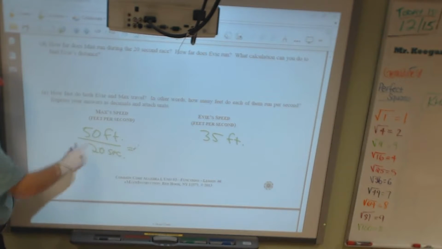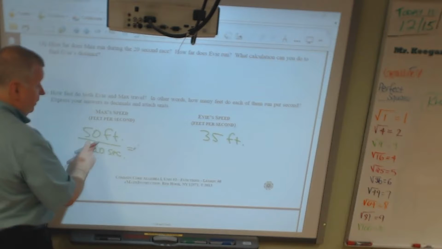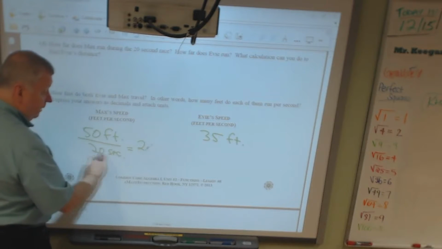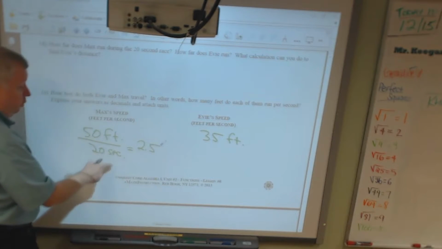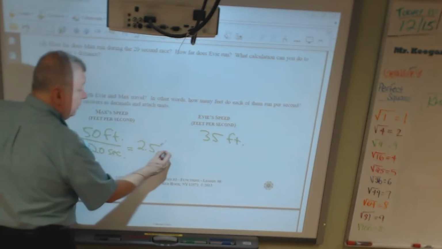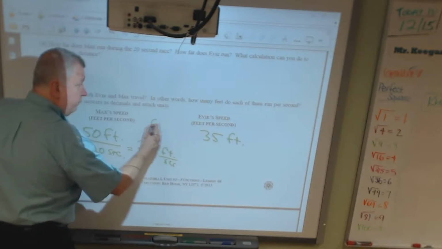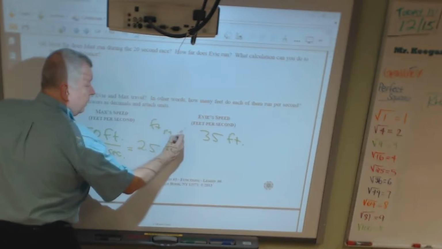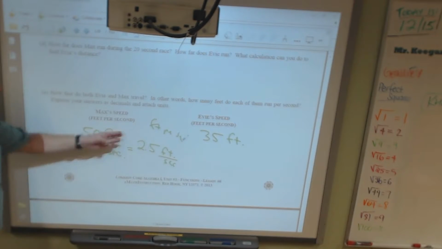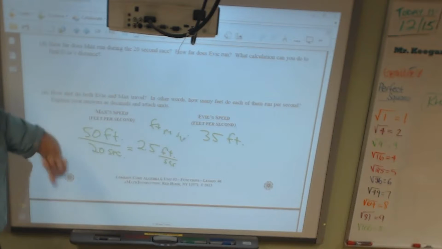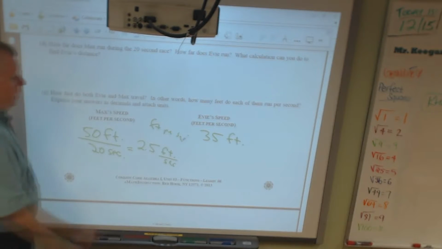So what's his speed? 2.5. Because 50 divided by 20 is 2.5, and the units are feet per second. You could put feet over second, or write feet per second, same thing. Just like miles per hour, it's usually the distance on top and the time on the bottom.